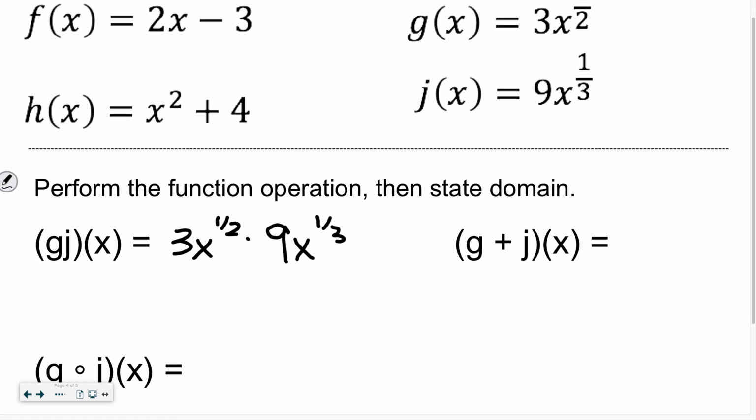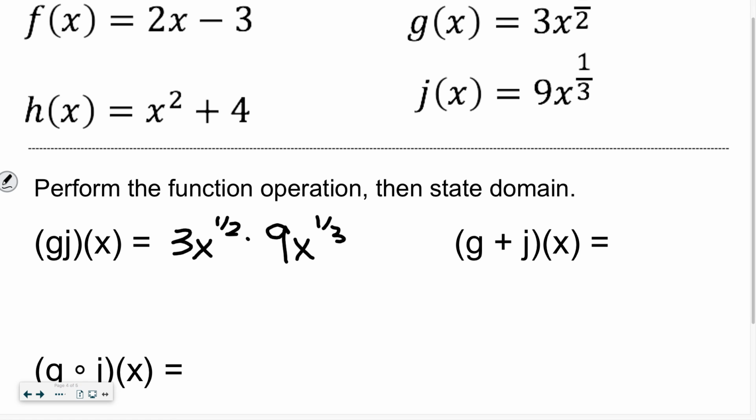When I change them to radicals, one would be a square root and one would be a cube root. Can I multiply if they don't have the same index? What should you do with your exponents if you have the same base and you're multiplying?